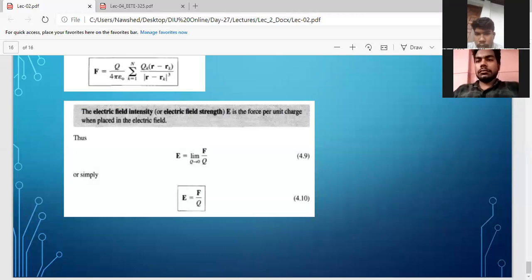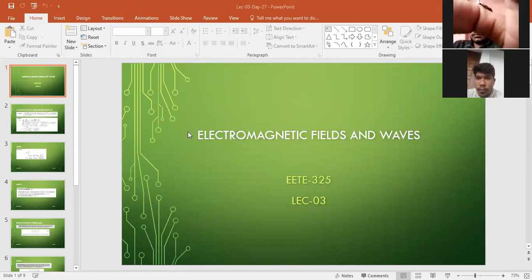Now I will show you the second one. That means the picture where we have discussed the examples.